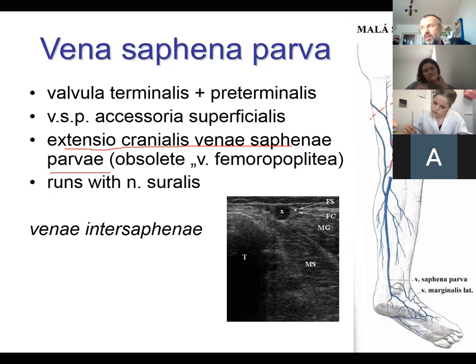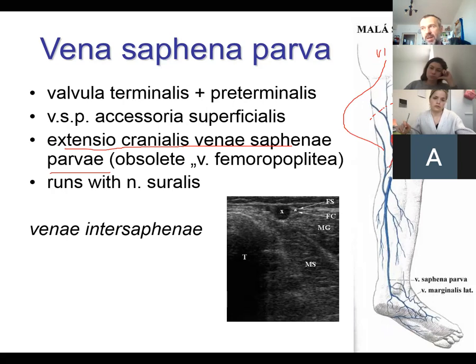Or it can go deep into the profunda femoris. Or it can get into the skin veins. Or it can get up to the sciatic vein. So you have 5 possibilities. The most common are the great saphenous and the deep femoral. So it's different in every patient.